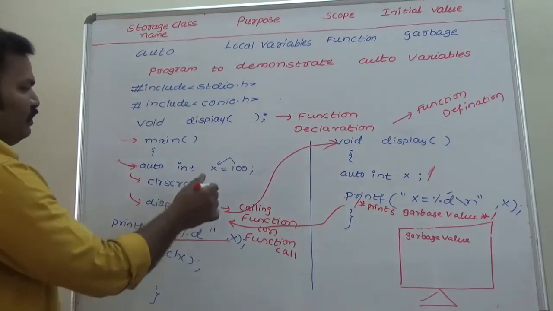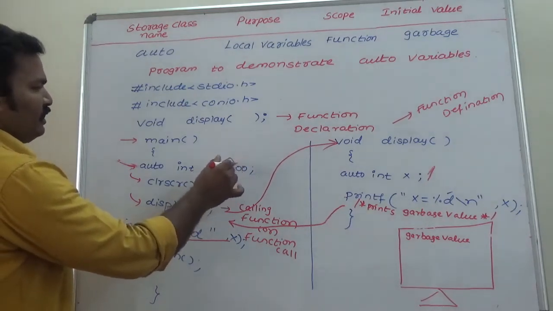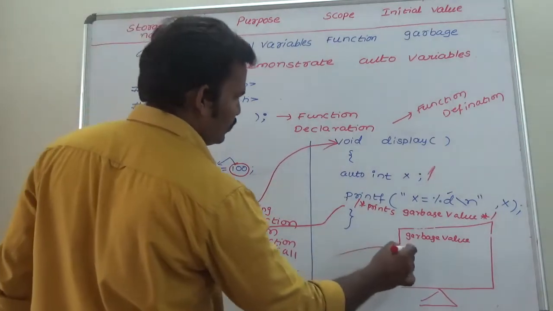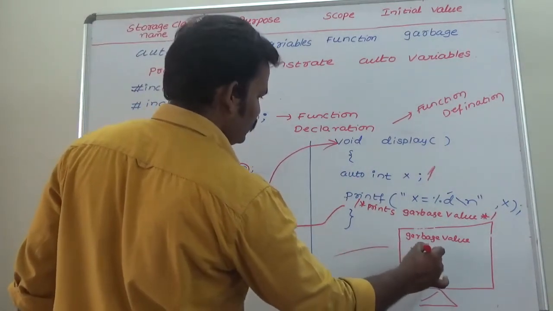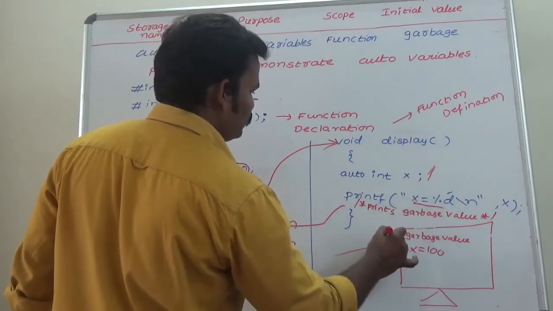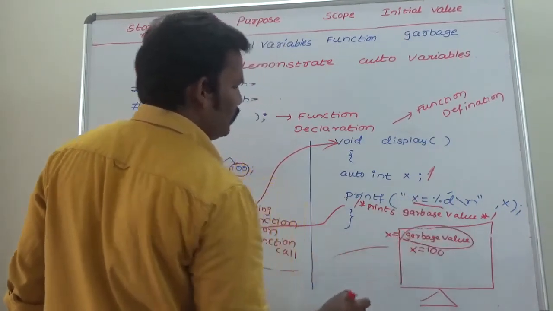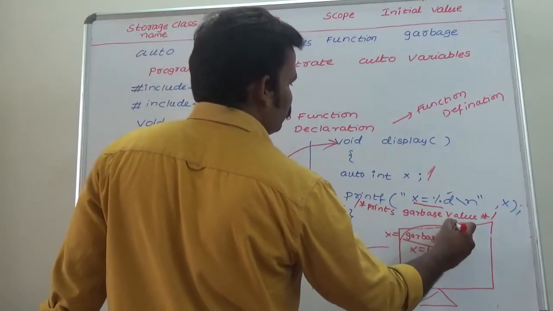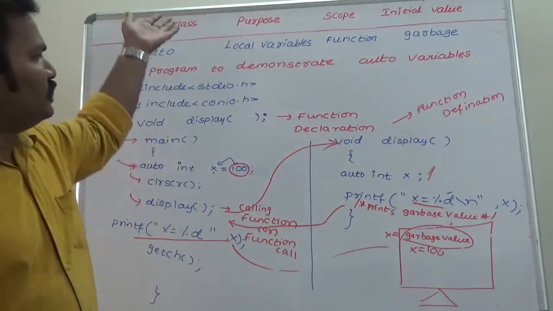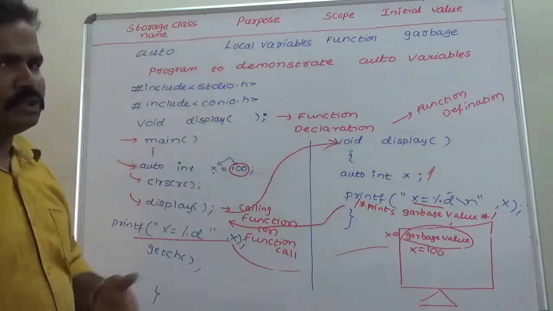What is the value of the x variable here? 100, so 100 will be printed on the screen. x is equal to 100. Here, x is equal to garbage value, some value like 1, 2, 3, 4. So this is about the auto storage class.